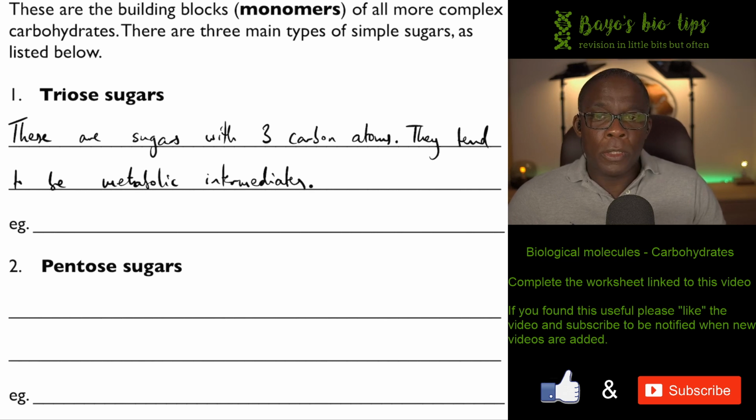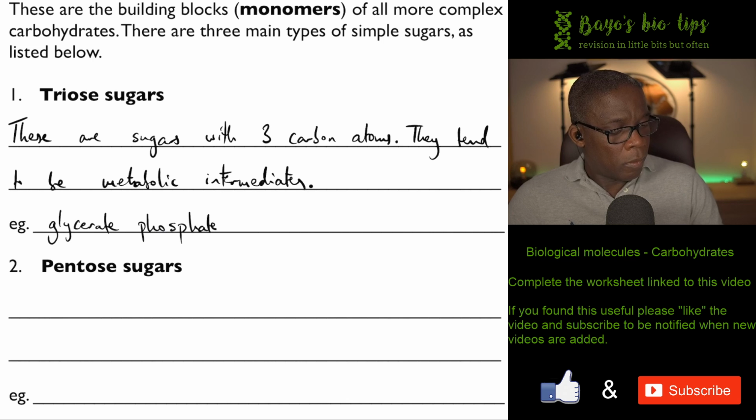So that's a fancy sounding term, metabolic intermediates. What does it actually mean? It means that basically these are molecules that exist for short periods of time in chemical processes on the way to becoming other molecules. So an example of a triose sugar would be something like glycerate phosphate. And we'll talk more about that in the future.